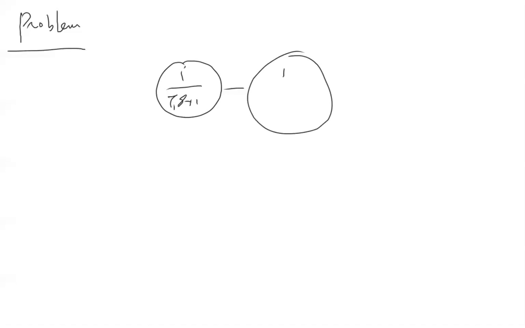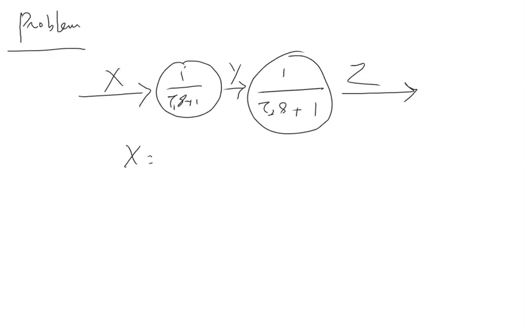For a system given below, x is equal to 2 sin omega t.